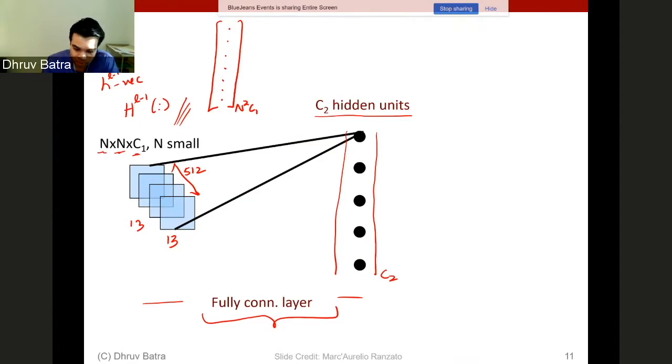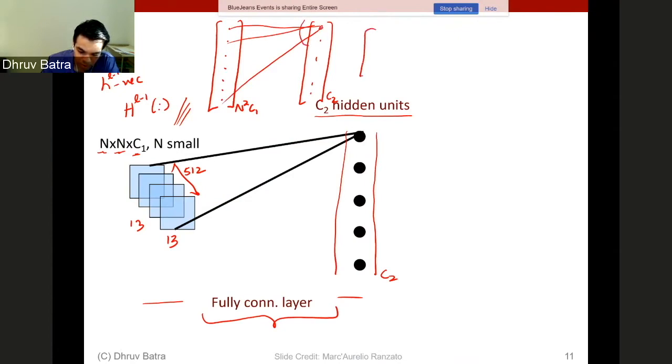Once I've done that, it's pretty clear how to then form a fully connected layer with C2 neurons in the next layer. Well, just connect every single thing to every single thing here. And clearly this is going to form the weights corresponding to this neuron.